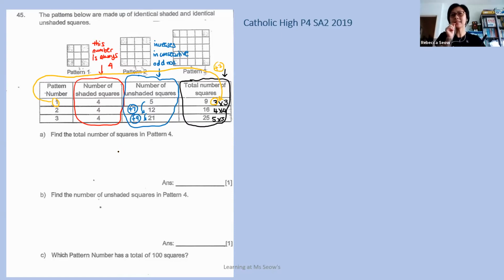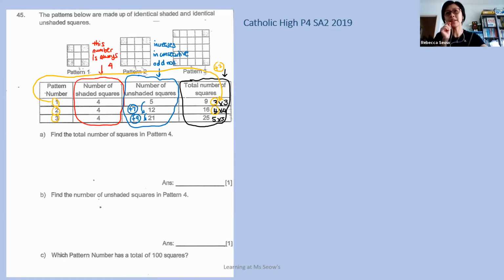And let's see whether this applies for pattern number 2 as well. If we look at pattern number 2, we should expect the product of the numbers in the total number of squares to be 2 more than 2. So let's check. Yes, we do have 4 times 4, and 4 is 2 plus 2. And let's double check with pattern number 3.